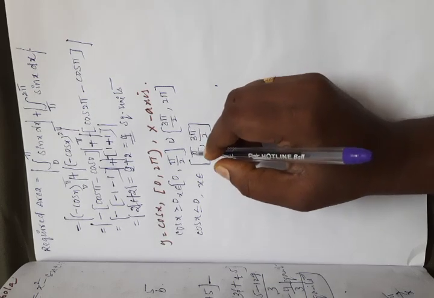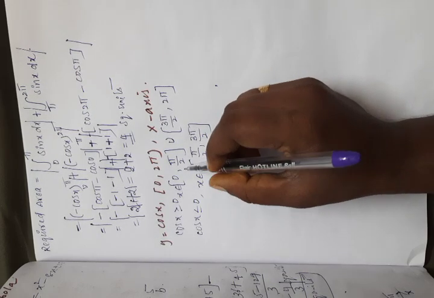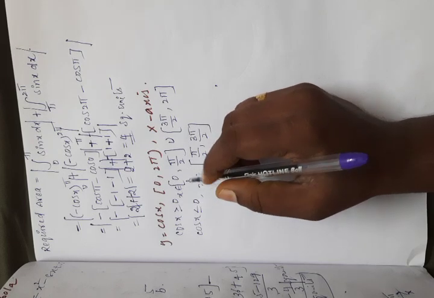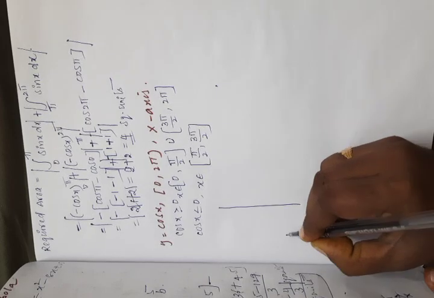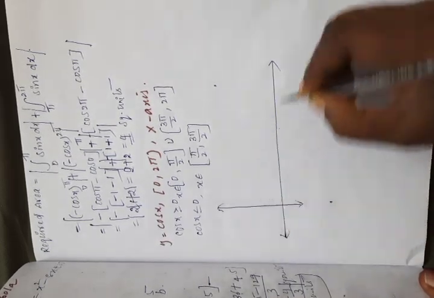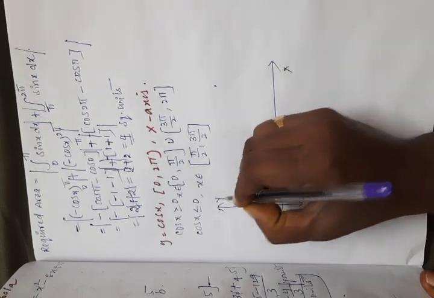So the graph of the portion of the curve y is equal to cos x between x equal to 0 and x equal to 2 pi is as follows. So the graph is, this is x-axis, this is y-axis, this is origin.